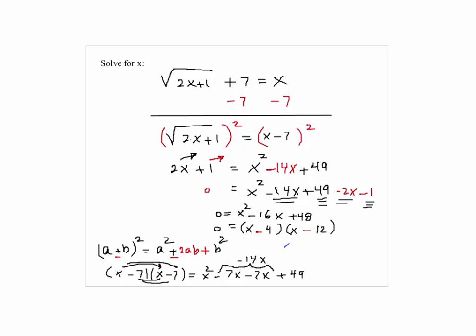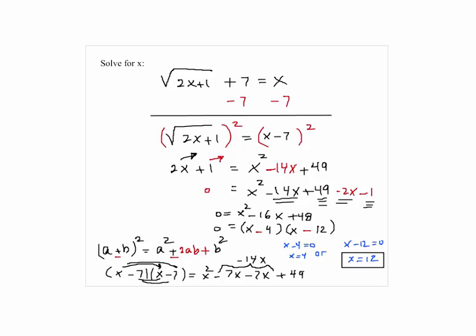So we get two solutions here. We get x minus 4 equal to 0, so x is equal to 4, or x minus 12 is equal to 0, x is equal to 12, and then we need to check the answer, make sure which one of these is a true solution, and it looks like 12 would work.